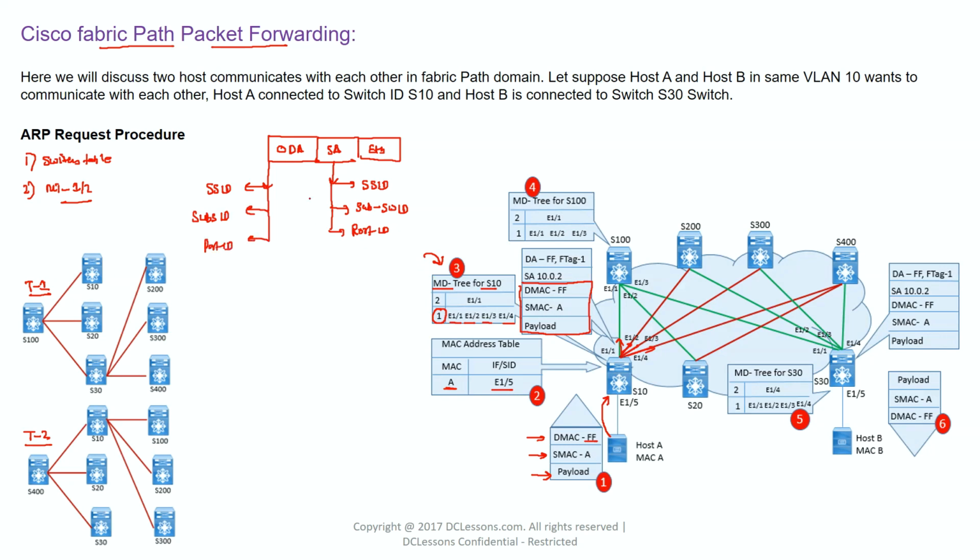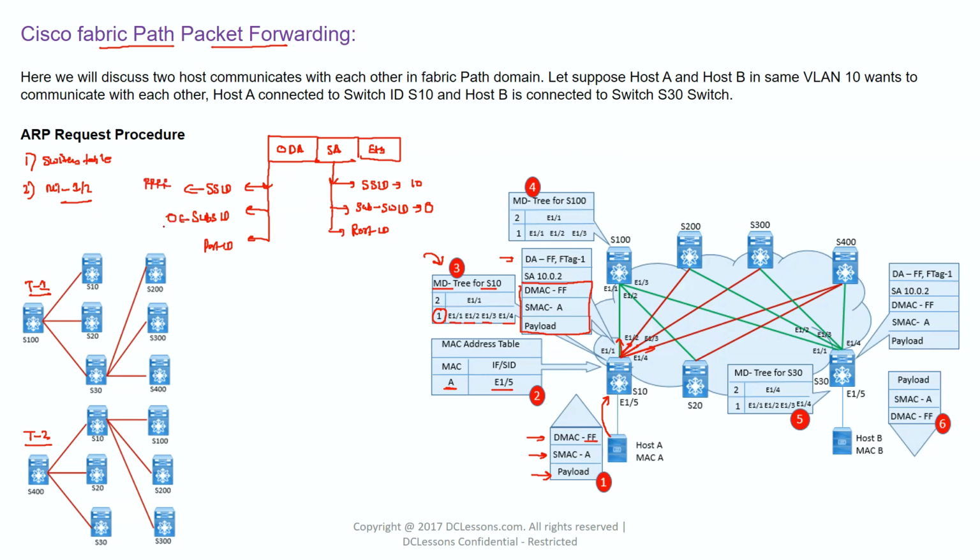Now here, what is my source? Because my traffic is going from switch 10, my source ID will be switch ID 10. Sub-switch ID will be 0 because there is no vPC port channel. Likewise, in the outer destination, because this is a broadcast, it will be FFFF.